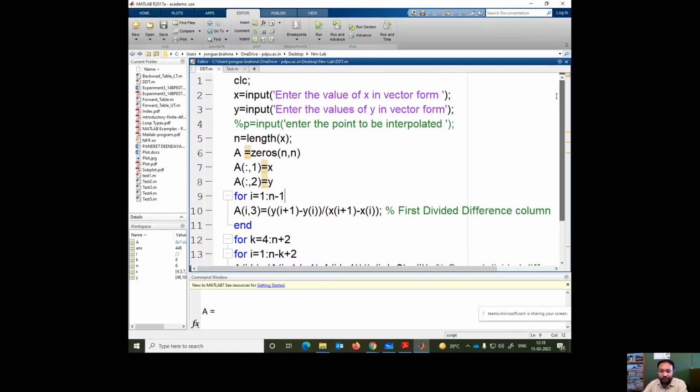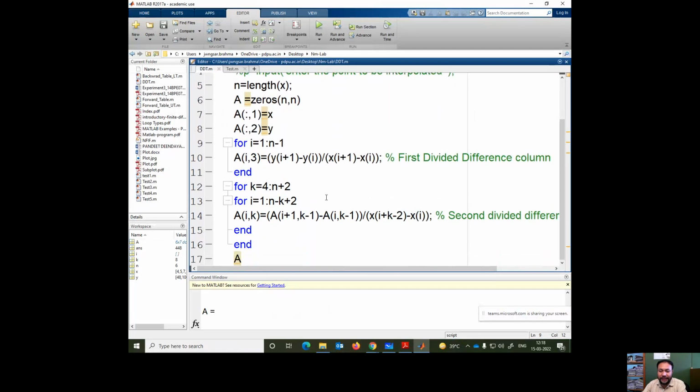Now look here, in the previous lab session, this was the program we developed. If I input the value of x and the value of y, I can get all these things. I displayed up to this, and now let us try to add our next part. From this loop, I can modify it like this. This was the program to construct the forward difference table.